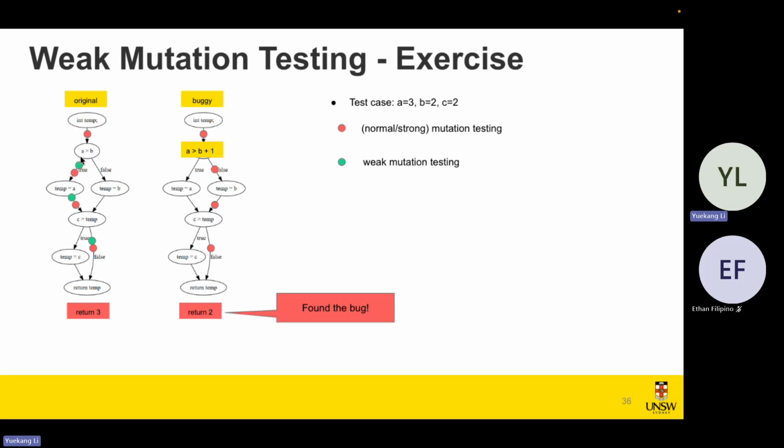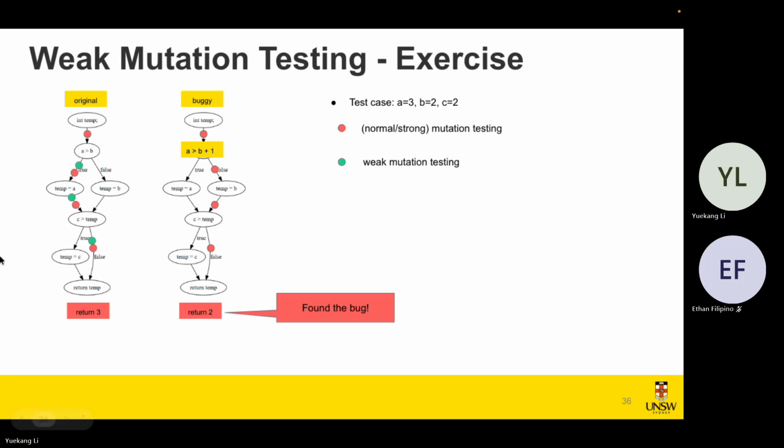For example, after executing this temp equals A here, we keep track of the value of A, B, C, and temp. It's the same for all the other statements. So we keep track of all the values of all the variables at certain locations.